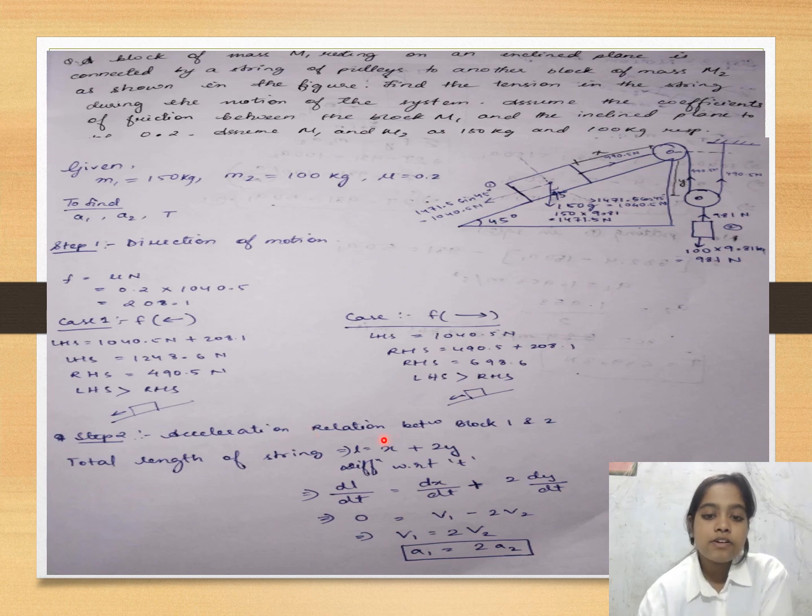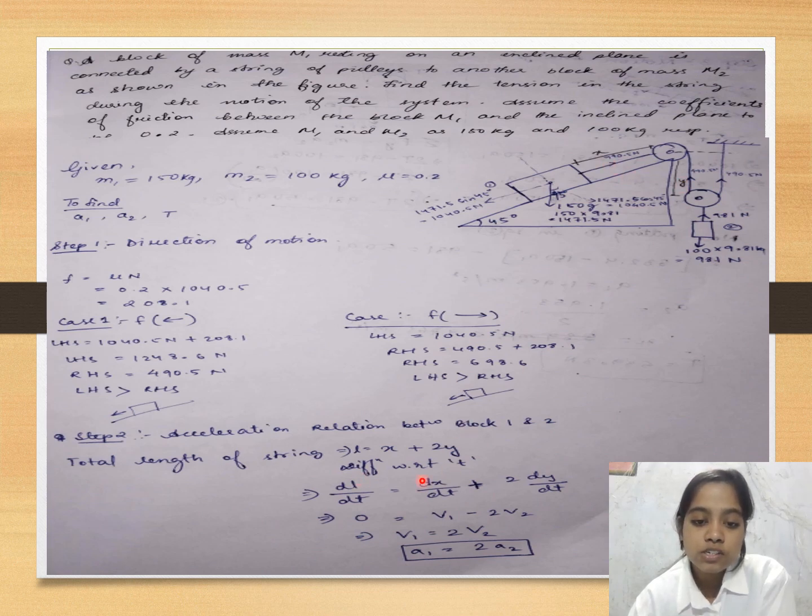Now the acceleration relation between block 1 and block 2: the total length of the string is L equals x plus 2y. This is the total length of the string. From here to here it's y, and this one is x. It's not only this y, but we have to count this y also. So it's 2y plus x.